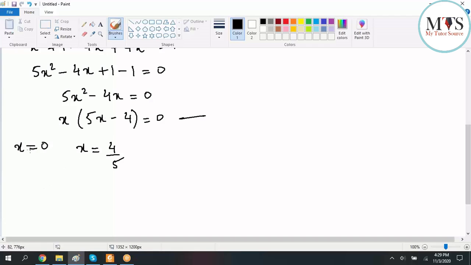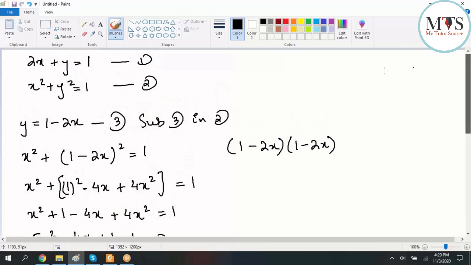So one value of x is 0 and the other is 5x minus 4 equals 0. So then we take 4 to the other side and it becomes 5x equals 4 and then x equals 4 by 5. Okay. Is it clear now? Yeah, I get it.